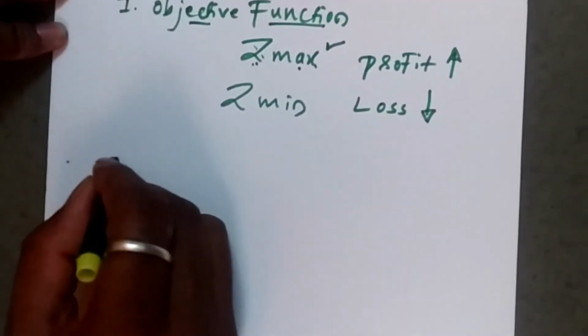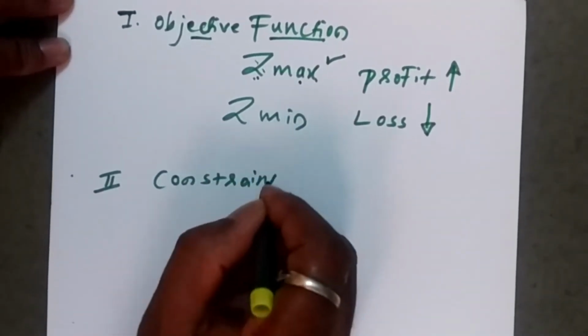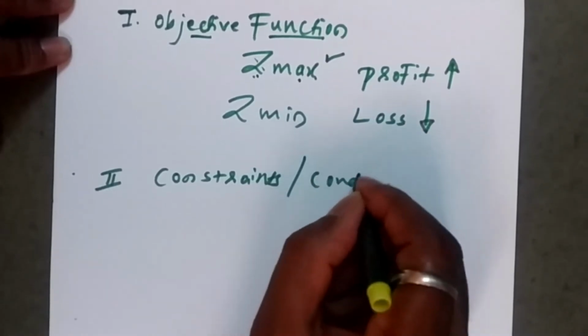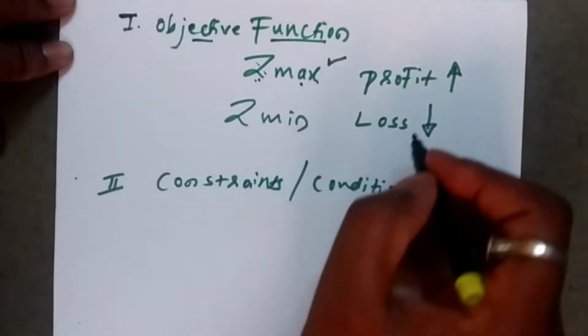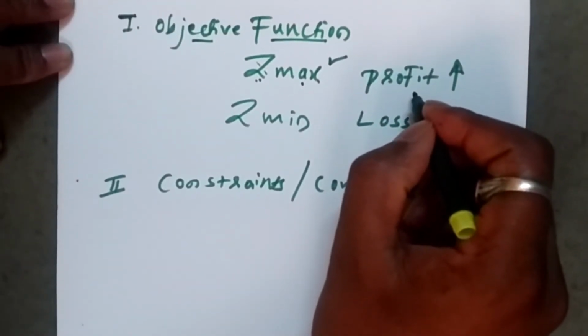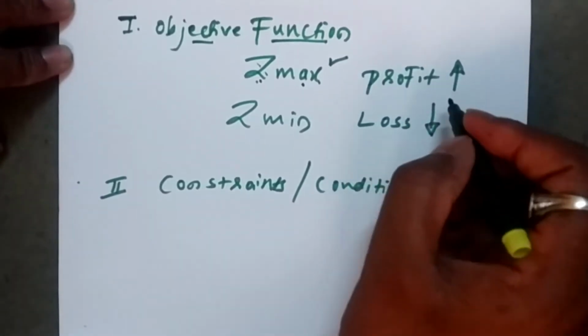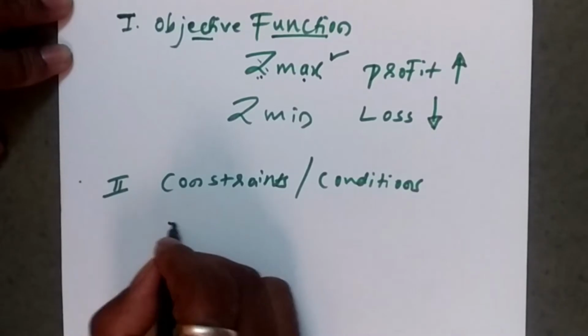The second one is what we call constraints, or simply conditions. What conditions are given in the problem? For example, if the problem is for Z max, to maximize the profit, then for achieving that profit, what are the constraints?